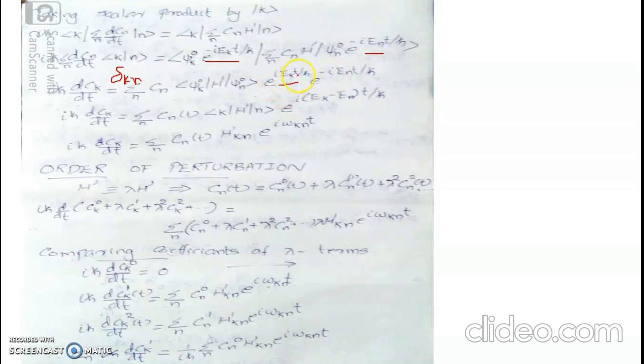E power i Ek t by ħ, e power minus i En t divided by ħ, where Ek and En are two stationary states, or energy corresponding to two stationary states, say psi k0 of r and psi n0 of r, permitted to the unperturbed system.